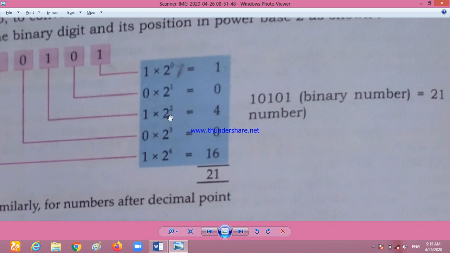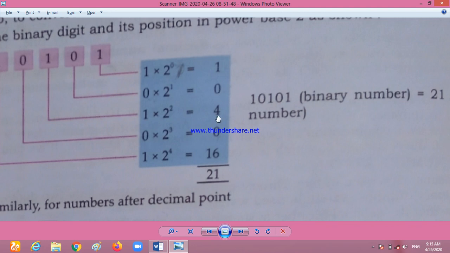2 power 2, the square of 2, is 4. 4 into 1 is equal to 4. Now 2 cube is 8. 8 multiplied by 0, any number multiplied by 0, we have 0. 2 power 4 is 16. 16 into 1 is 16.